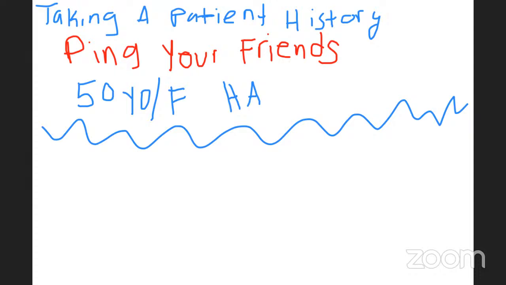Sometimes some patients will get panicked, and you just have to frame the question. I'm asking these questions because I want to make sure that you don't have anything. We just want to make sure that we're thorough and complete and that we don't miss anything. As long as you keep providing reassurance and framing the question, that goes a long way.